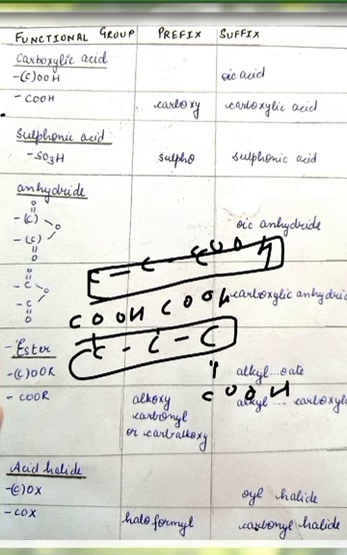And here as it is a suffix, we will use carboxylic acid. Its name is propane-1,2,3-tricarboxylic acid.